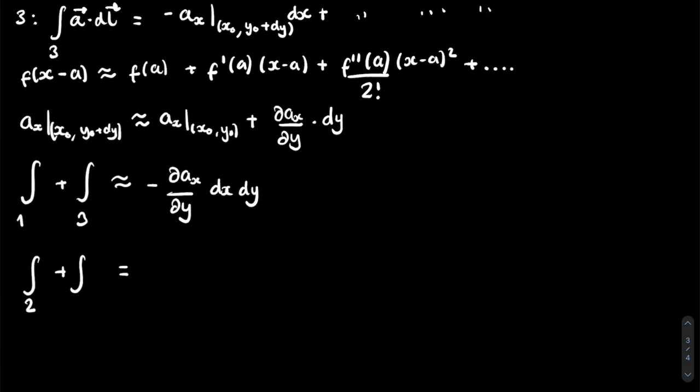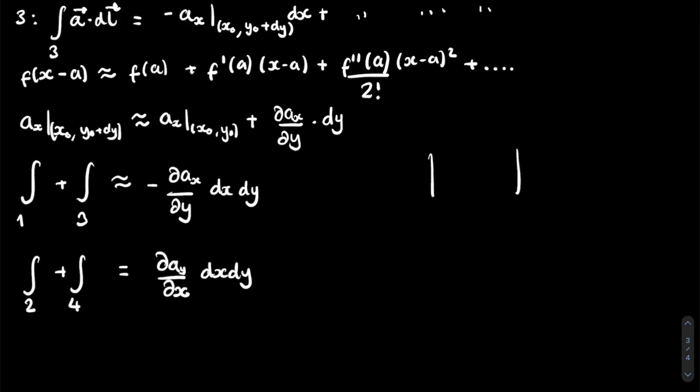And instead of the x component of A, paths 2 and 4 are parallel with the y-axis, so it's going to be the y component of A. So you're going to get the partial derivative of the y component of A with respect to x. That's the other difference as well. It's going to be x rather than y, multiplied by dx dy again. So this is going to be the case if you do paths 2 and 4.